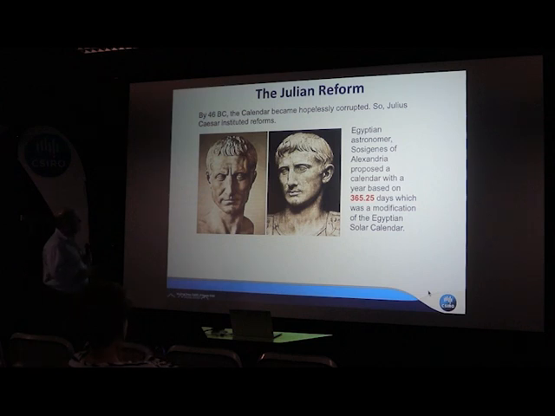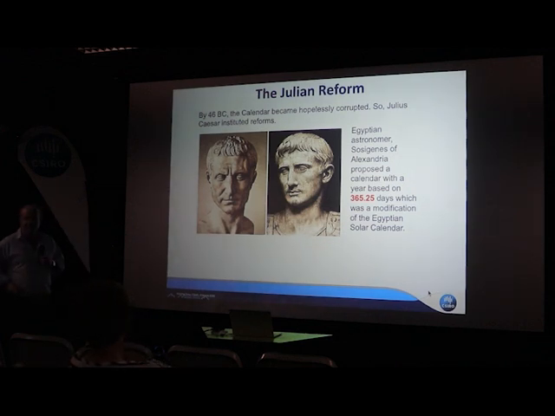It became so hopelessly corrupted that Julius Caesar, when he became dictator of Rome, decided that one of the first things he was going to do was reform the calendar. He had recently conquered Egypt and became very close to its queen, Cleopatra. Very close.